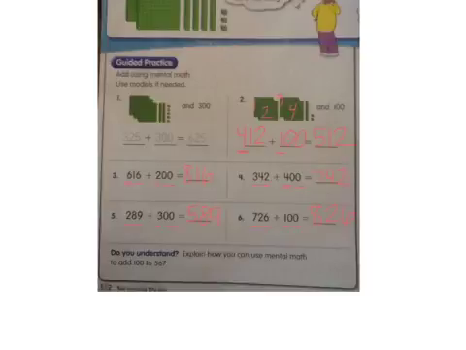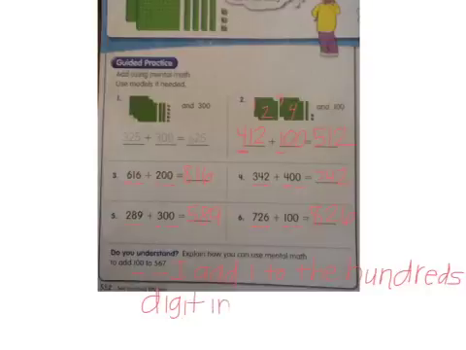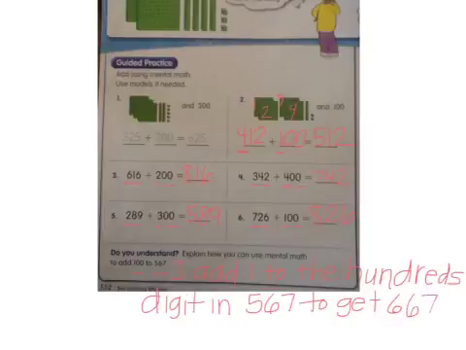So if we were to explain how to add 100 to 567, you would say, I add 1 to the hundreds digit in 567 to get 667.